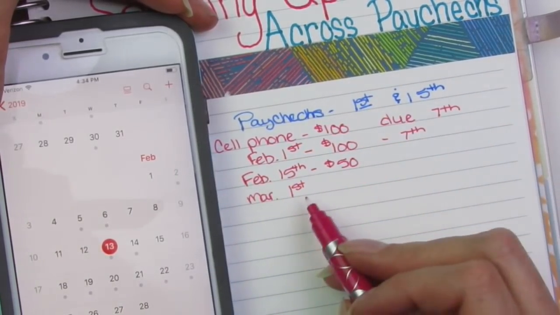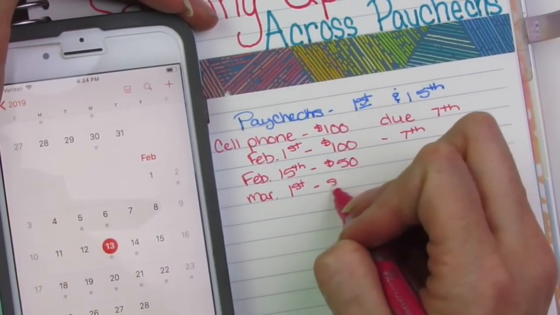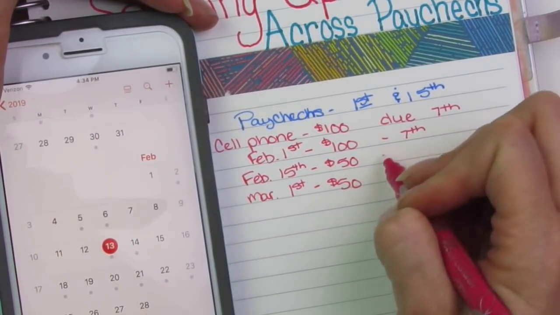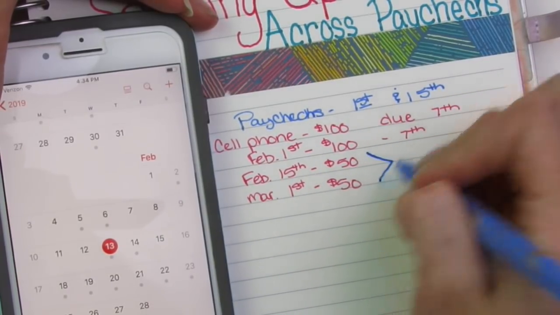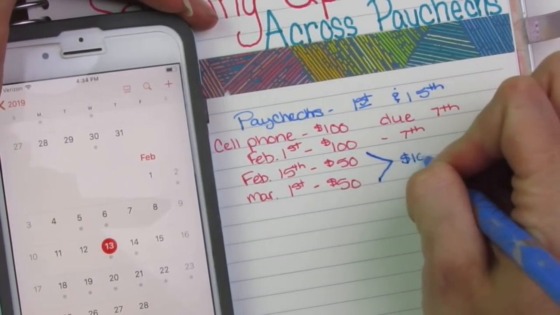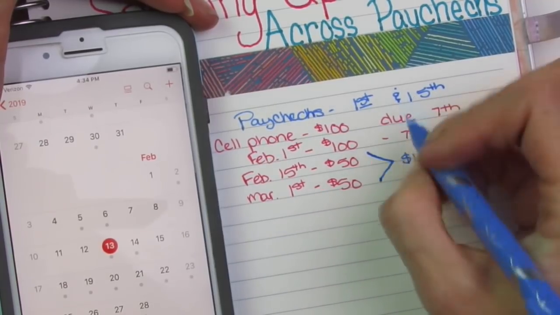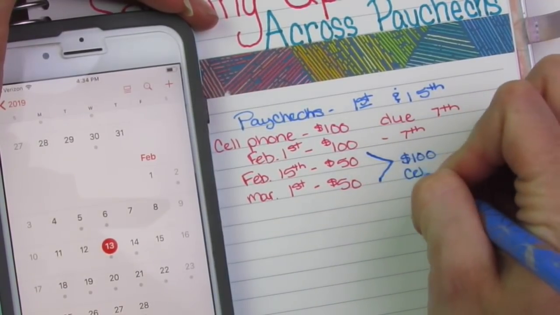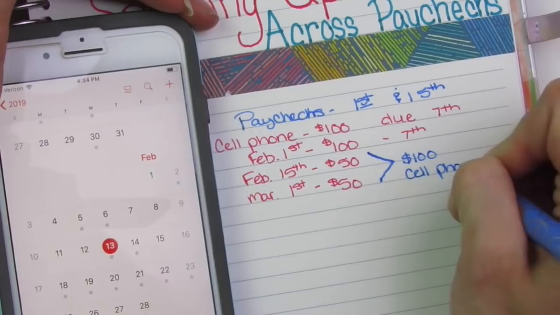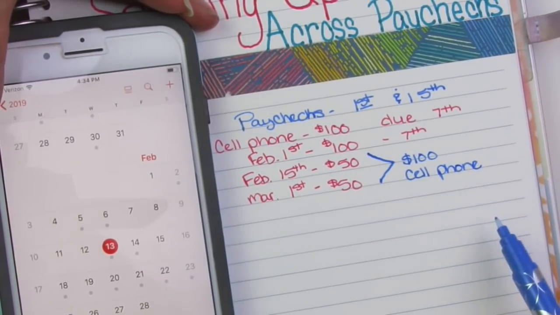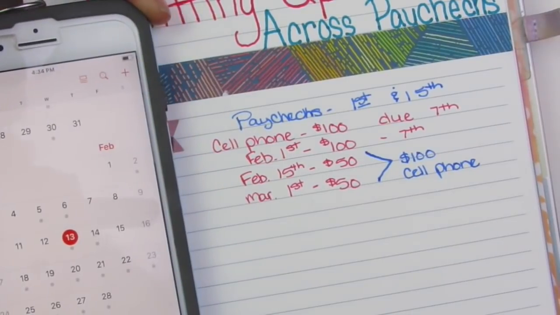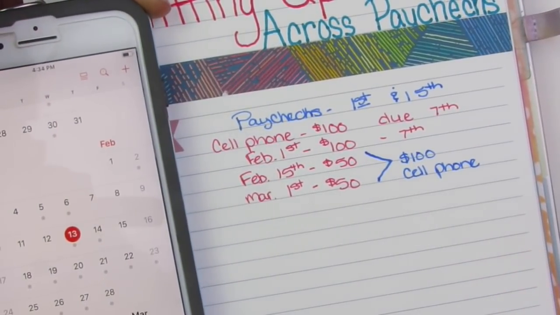So when you get paid on March 1st, you again are going to take out $50, and those two amounts combined will now get you to your $100 payment for your cell phone for you to make that payment on March 7th when it's due again. So that's the gist of it.